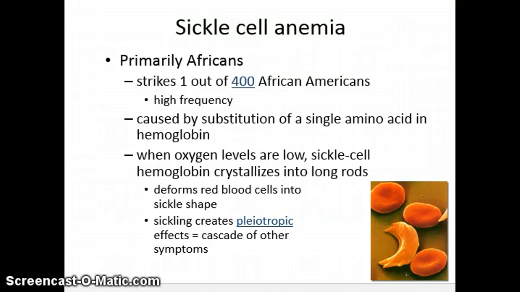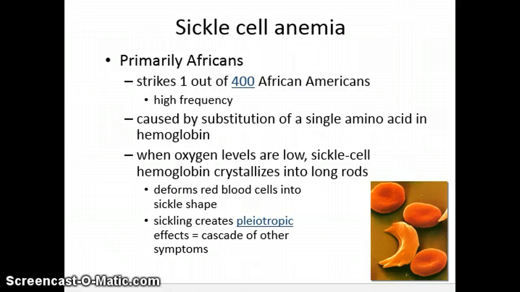If you're not familiar with this disorder, it primarily affects African Americans or people of African descent, and it strikes 1 out of 400 African Americans. That's a very high frequency. You also find sickle cell anemia in Africa, so it's not just Americans who experience this disorder. This is an example of a disorder that's a result of pleiotropy.